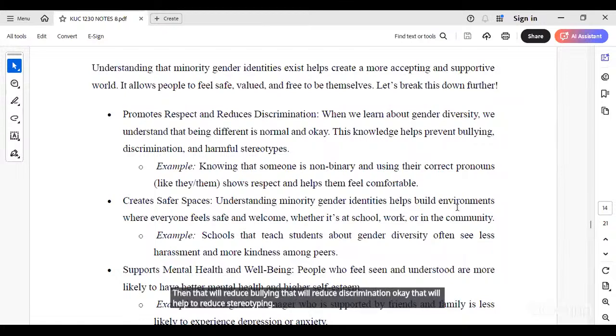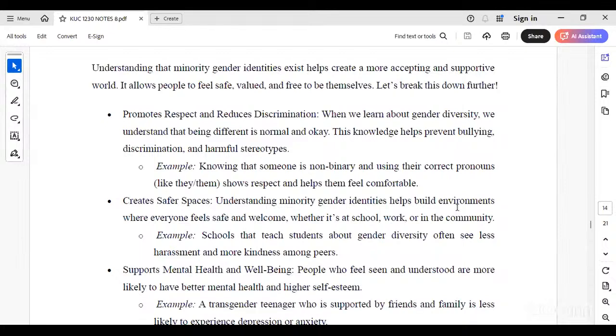Okay, so the second point is when we understand that these minority gender identities are present, then we can create safer spaces. So when we understand that these identities are there, we can build environments where everyone feels safe and welcome. Okay, so whether it's in school, whether it's at work, whether it's back in the village, we need to understand that these people are there.